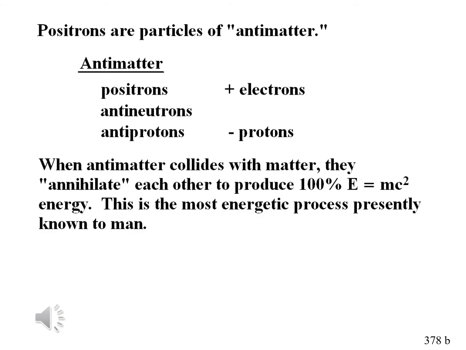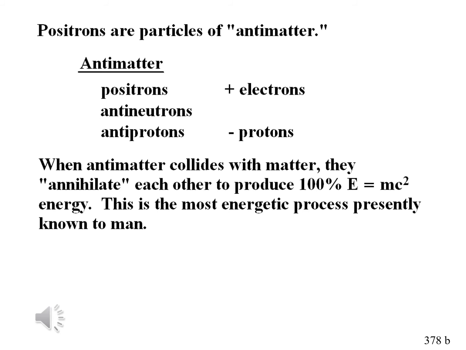Now, the thing about antimatter is you can only study it one particle at a time, because whenever an antimatter particle runs into an ordinary matter particle, they completely disintegrate and they convert each other into energy according to E equals mc squared. You could say they annihilate each other. That's a great word. This is the most energetic process that people are aware of at present.